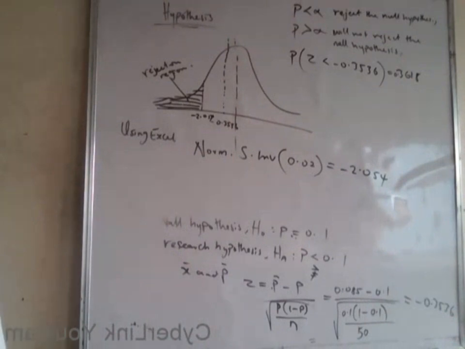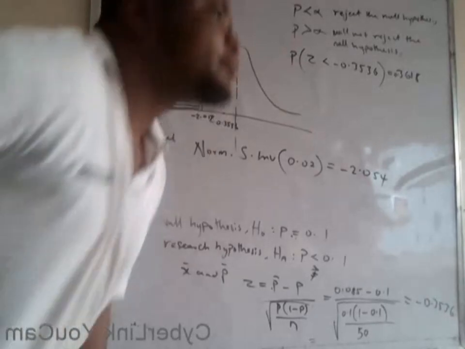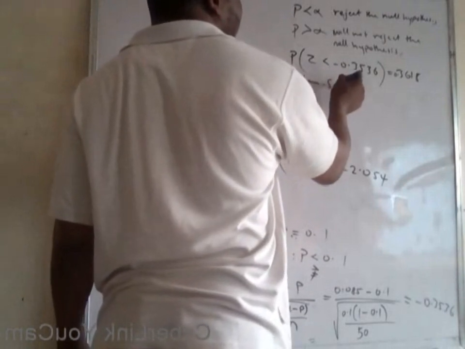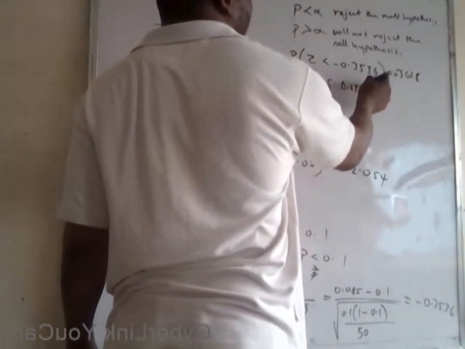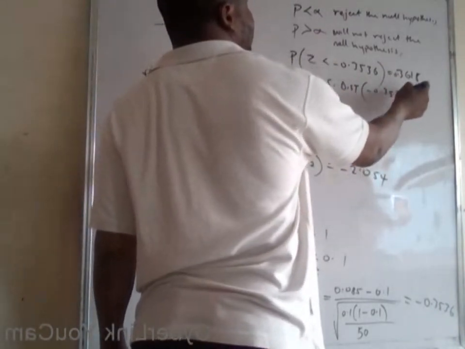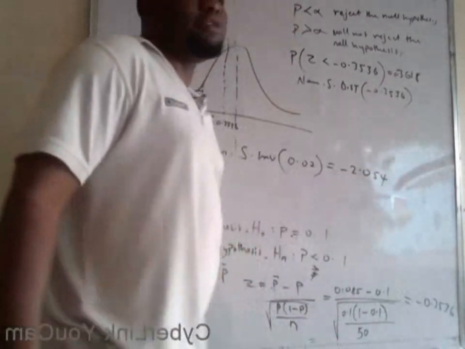How do we get that? You type in Excel NORM.S.DIST and put in minus 0.3536. We get that.